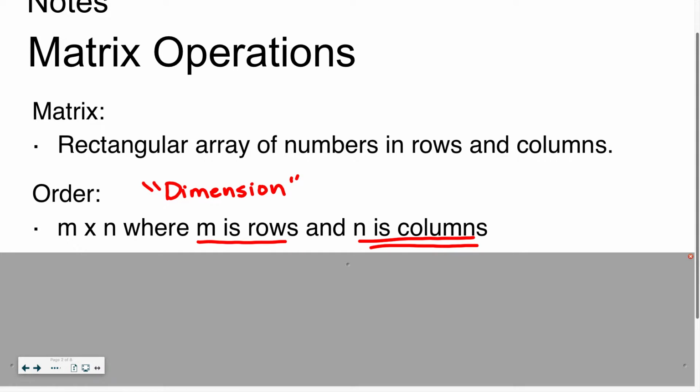I like to write down for myself that the order of any given matrix is rows by columns. When I'm first learning about matrices, I repeat that to myself a few times, rows by columns, so that I remember which order it goes.